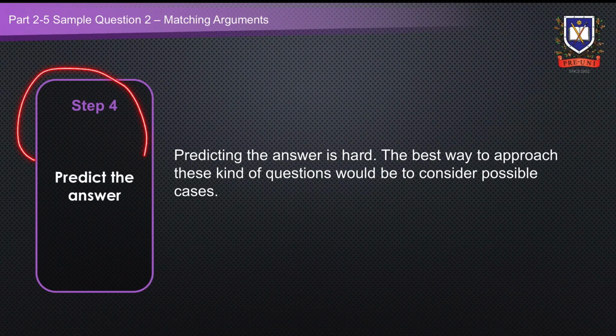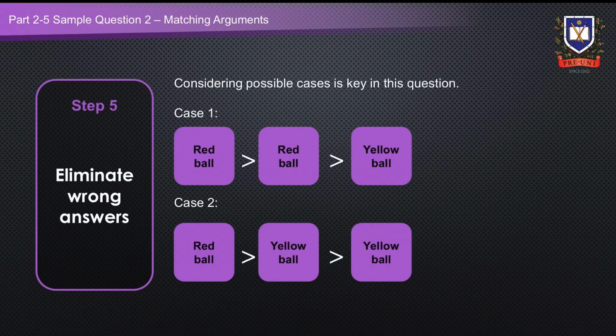The fourth step is to predict the answer. Predicting the answer in this case is difficult. The best way to approach these kinds of questions would be to consider possible cases. And the final step is to eliminate wrong answers. We obtain 2 possible cases.